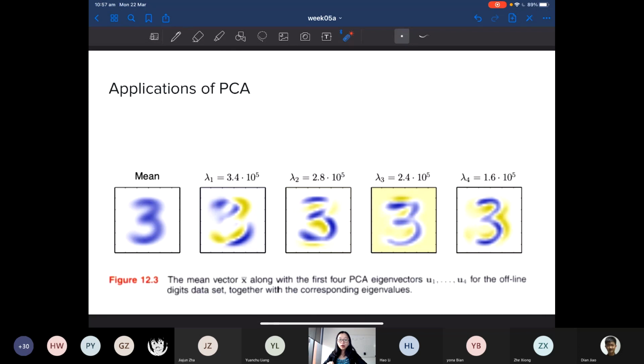And the blue ink here represents the positive part of the component, and the yellow ink represents the negative part, right? It's worth noting that the principal components themselves, even if our data is all equal or greater than 0, are not positive in themselves.